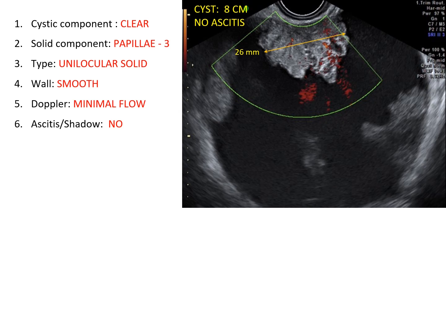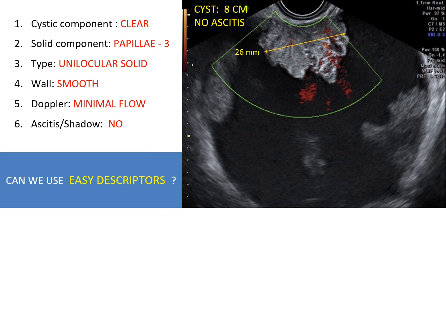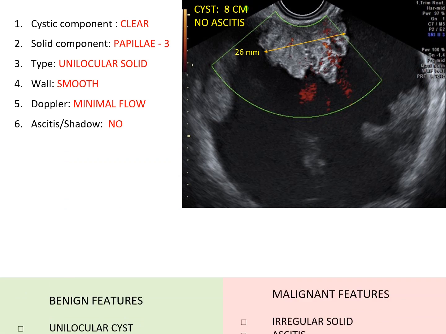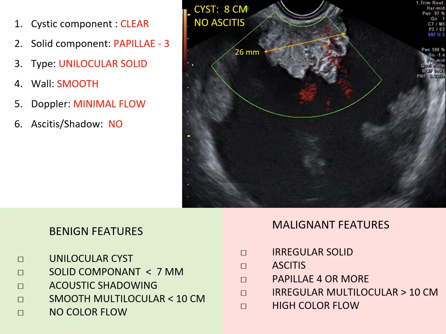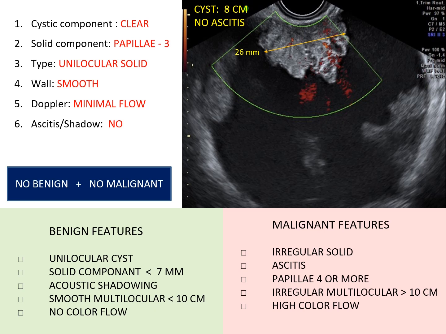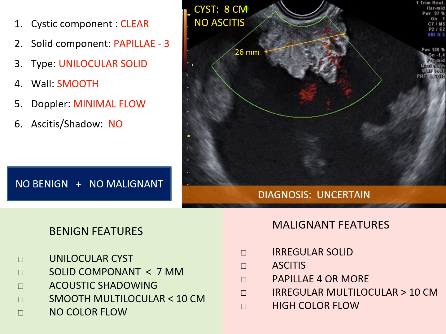So can we use the easy descriptors? No, we cannot. What about the simple rules? Now, if you look carefully at the benign and malignant features, you will find that there are no benign and no malignant features. So clear-cut features of benign or malignant nature of this cyst are missing, in which case you label the diagnosis to be uncertain.